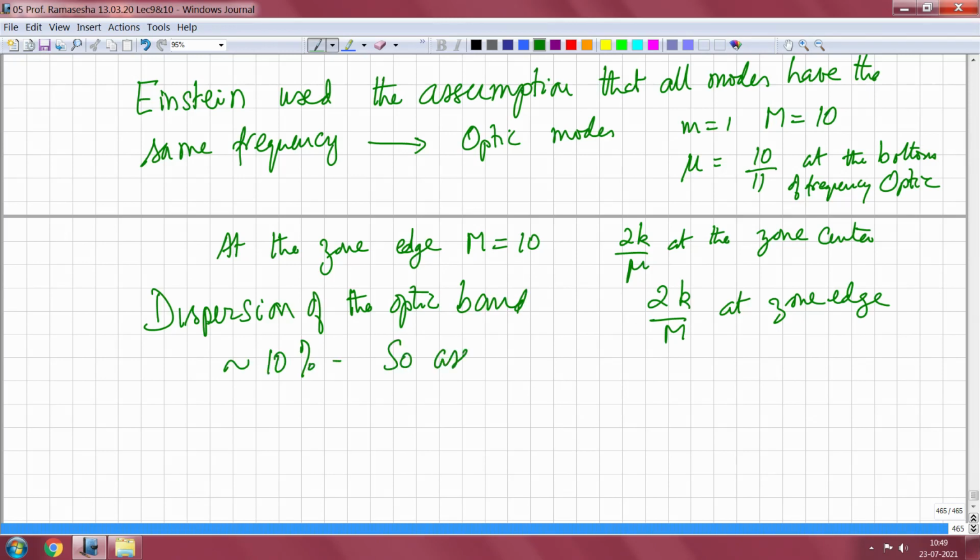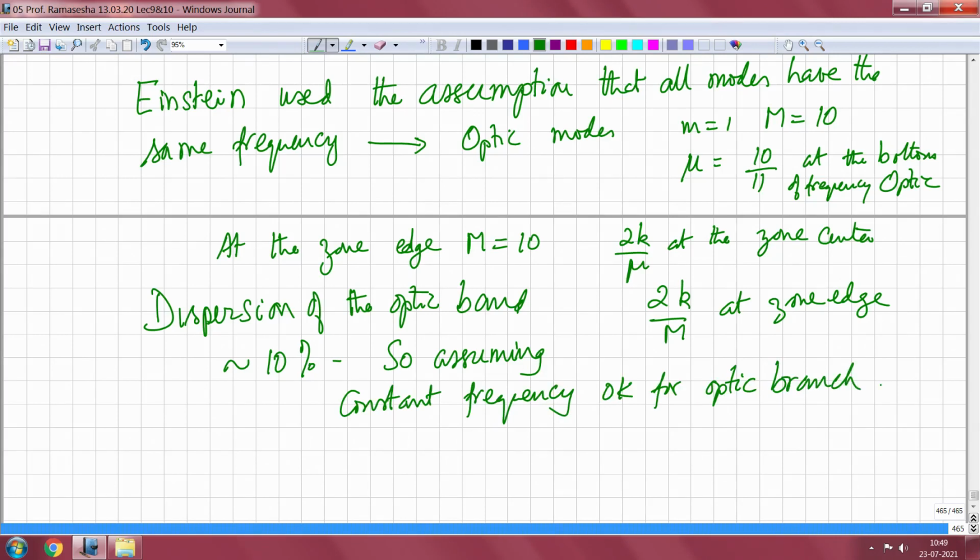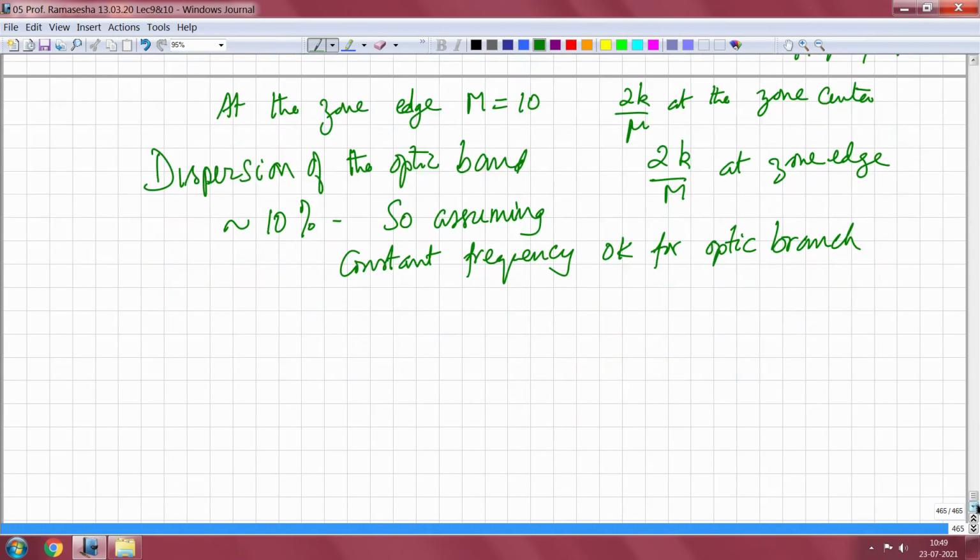So assuming constant frequency was okay for the optical branch. But this one only gave you an exponential dependence of specific heat on temperature. So Einstein's model was not successful in explaining the T cube behavior.